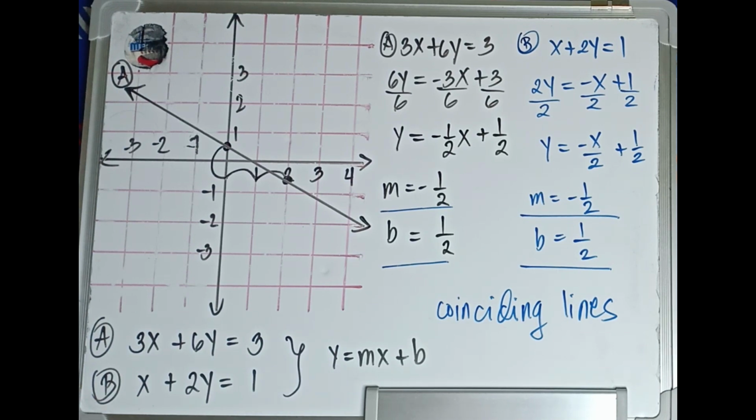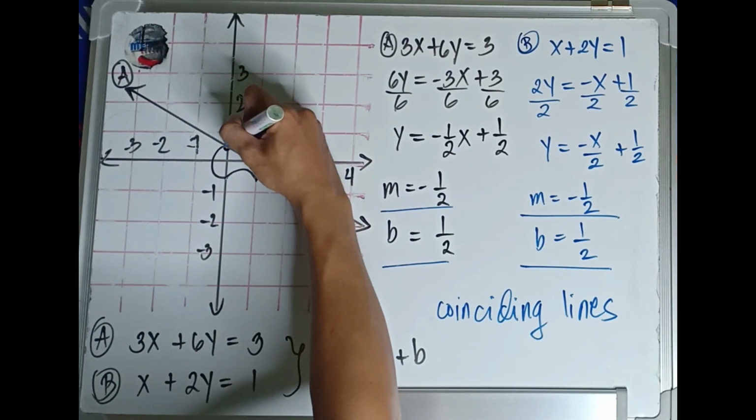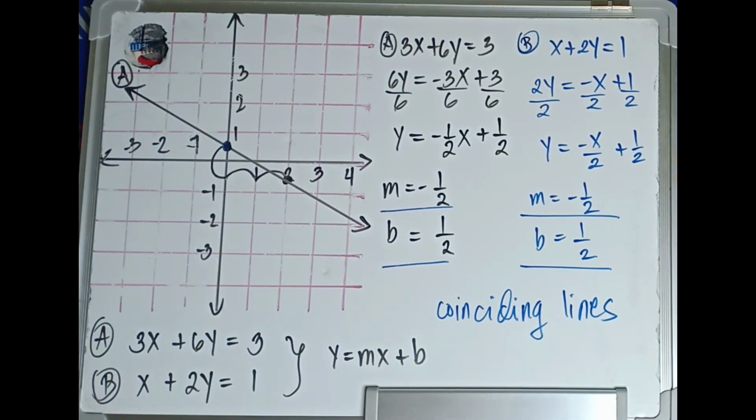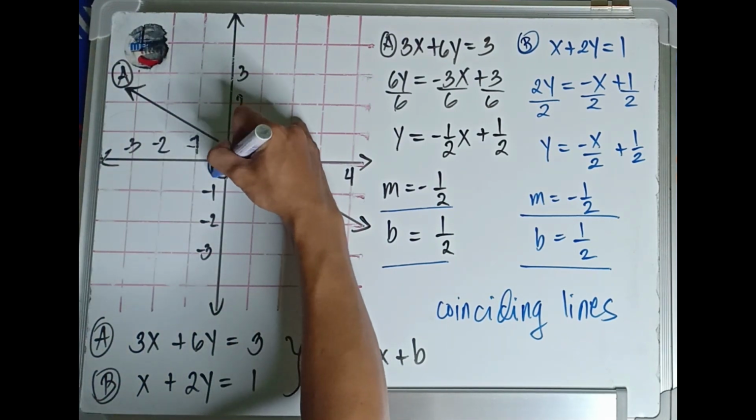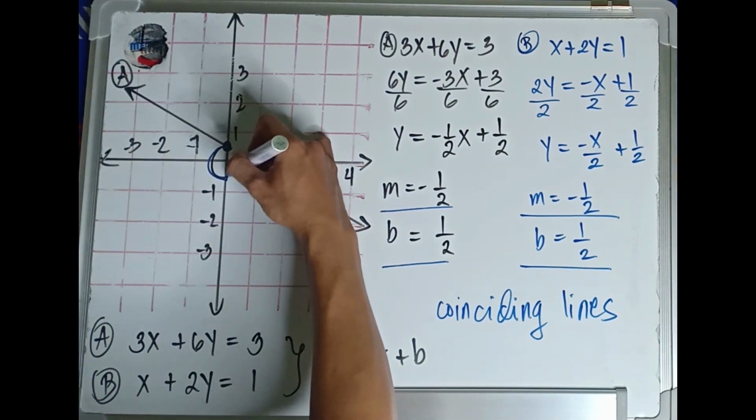Now let us graph equation B. Our y-intercept is also 1 half. And then our slope is negative 1 half. So we have negative 1, so we have to move downward once. And then we have to move to the right twice.